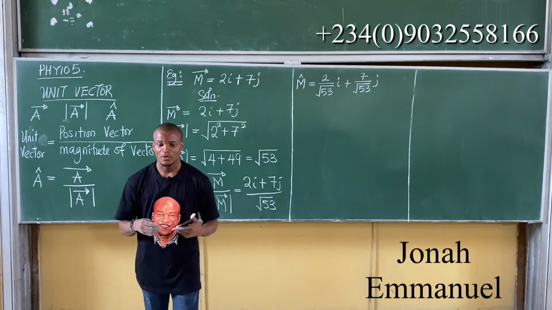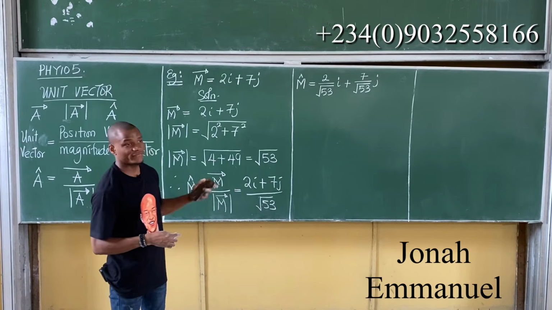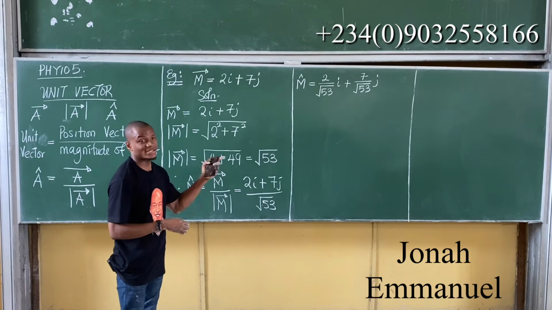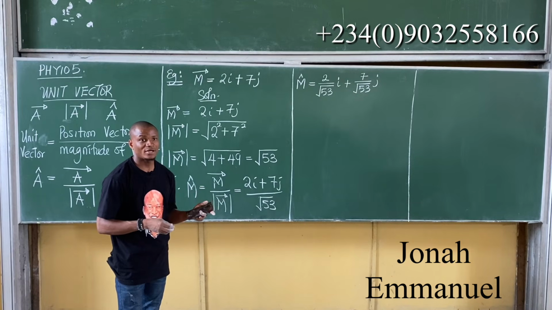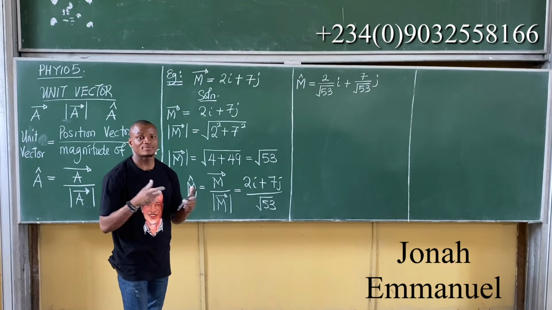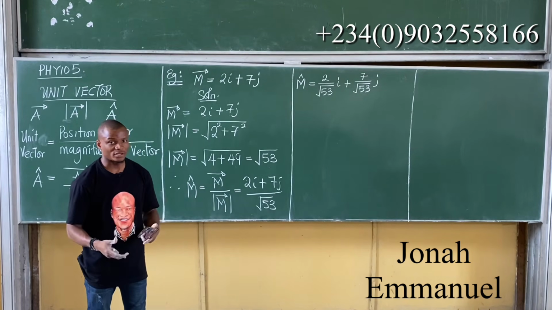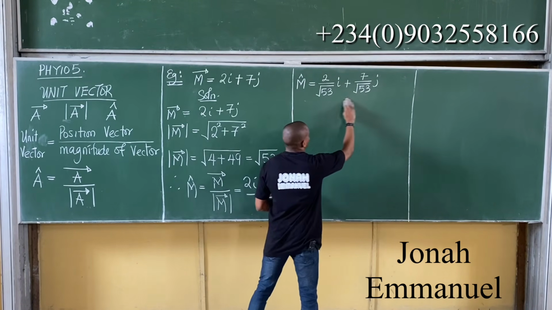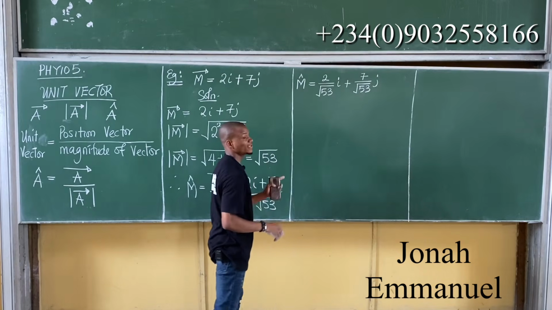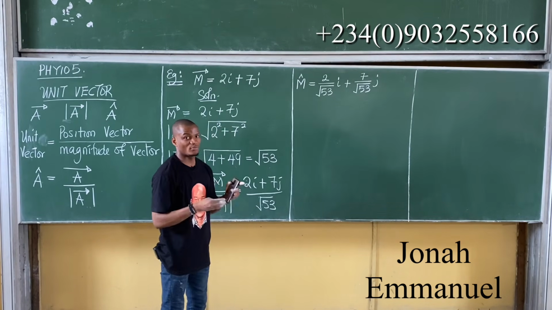Don't forget we said, if I'm having this as the unit vector, how can I confirm that this is correct? Now, remember we said that for this to be a unit vector, its magnitude or its modulus must be equal to 1. So to confirm that this is a unit vector, I will take the modulus.